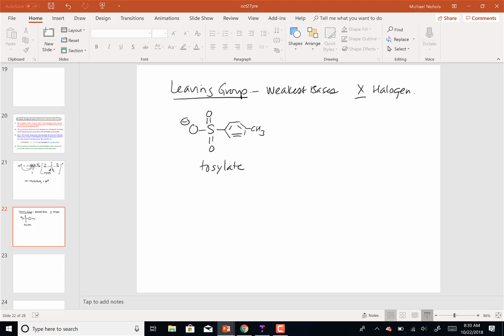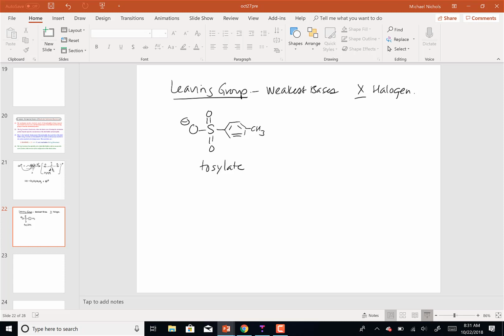Okay, but what's that get me? There's multiple parts to this answer. The question was, why is it a weak base? Part of that answer is because it has the ability to spread out the negative charge, to delocalize the negative charge using resonance structures.